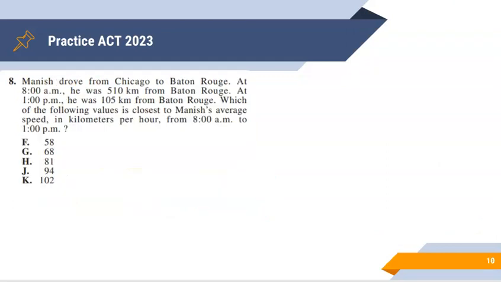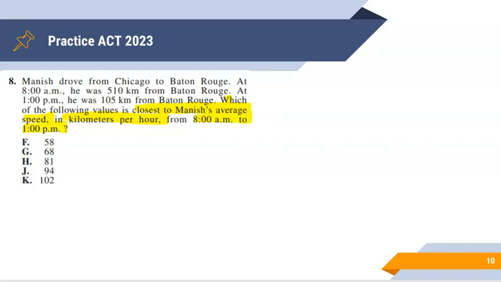Okay, number 8 is a bit of a stinker. They want to know which of the following is closest to Maria's average speed in kilometers per hour from 8 a.m. to 1 p.m. Well, she's traveling, right?